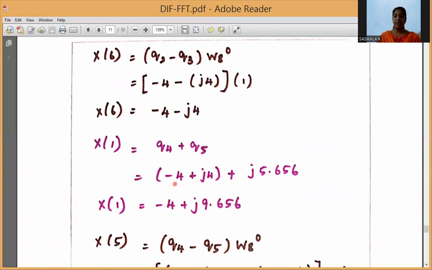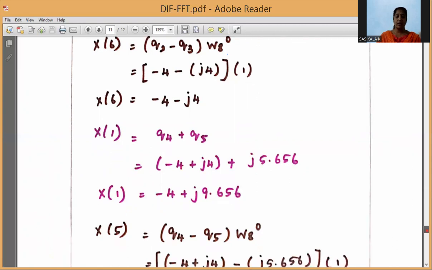So here I am having only the real part, that is minus 4 as the real part. So minus 4 it comes as it is. And consider the imaginary term. Here both are in the same polarity. And here the coefficient is 4 and here the coefficient is 5.656. So just add 4 plus 5.656 becomes 9.656.